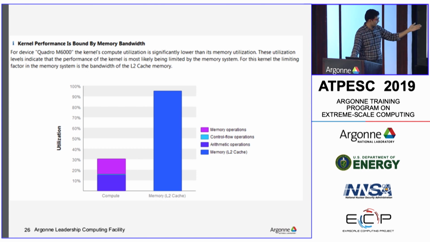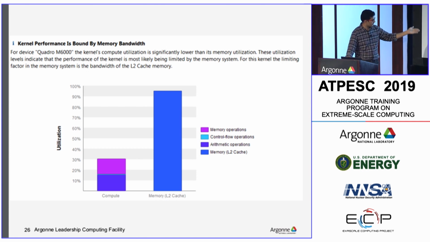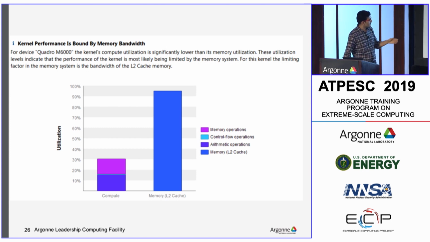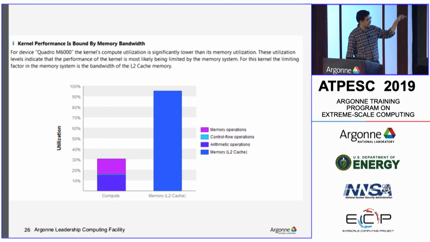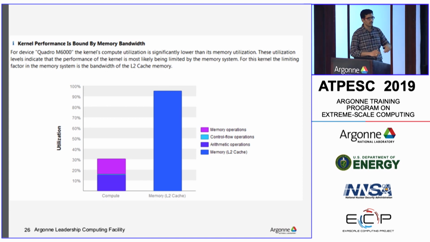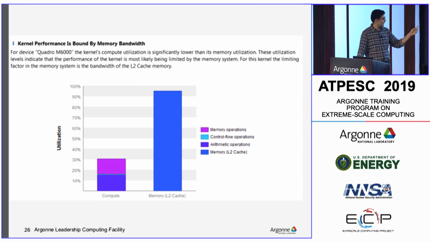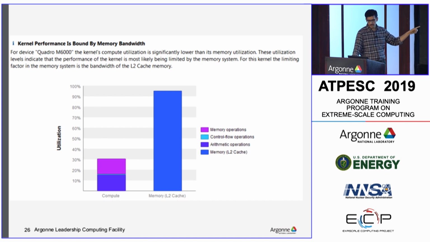For example, this graph tells you the compute and memory utilization for that kernel. We see that there are a lot of memory-related operations, so we know that particular kernel is bound by memory, and within memory it is bound by the L2 cache. This tells us we should be able to optimize the code which is bounded by the memory operations.